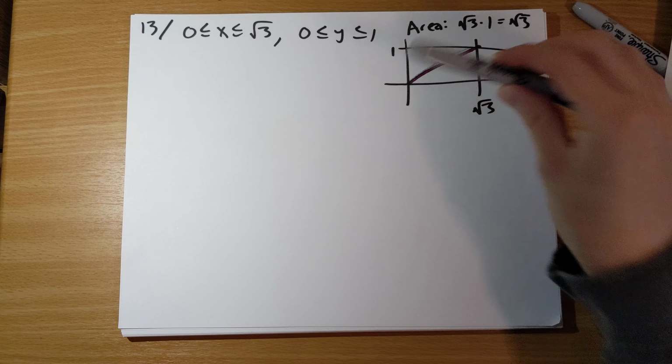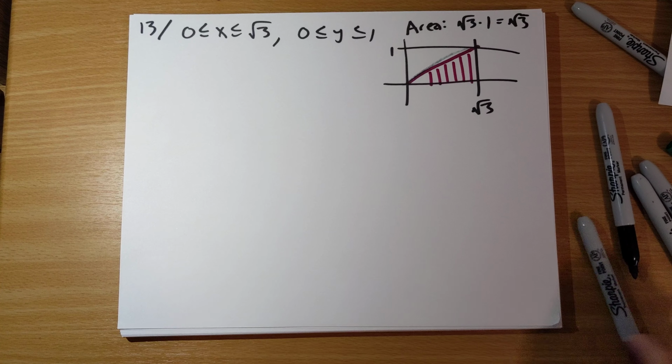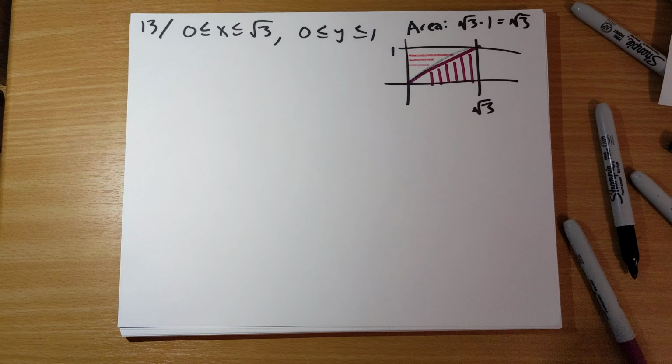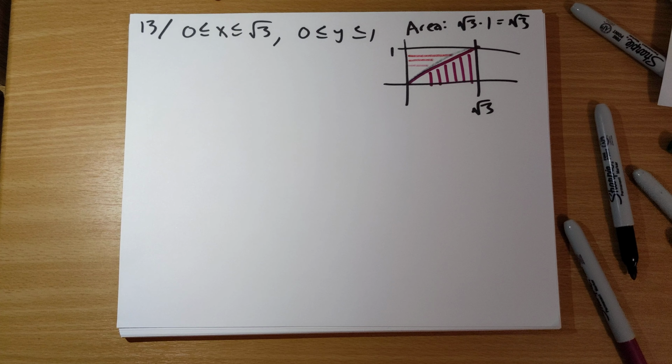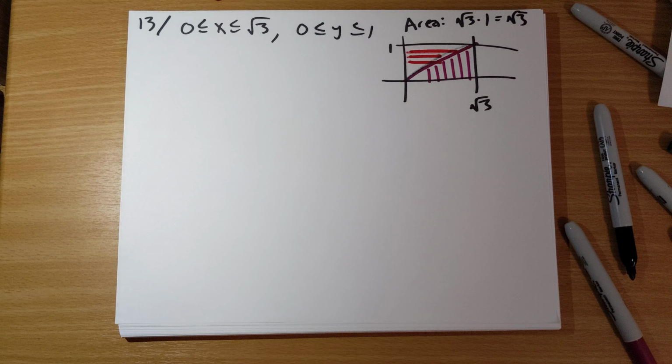There's going to be one calculation to find the area of this triangle down here, a second calculation to find the area of that triangle right there, and then we'll add those two areas together.